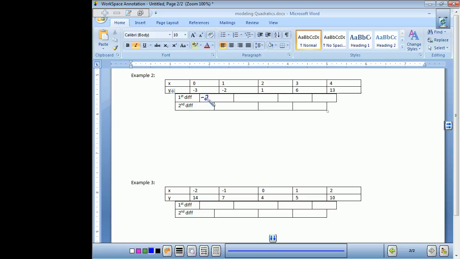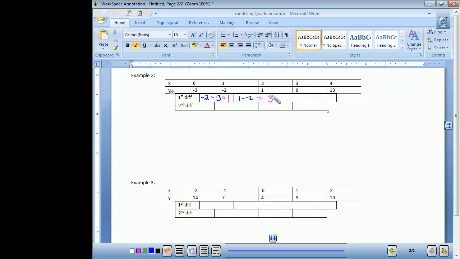If I did -2 minus -3, what does that equal? 1. Okay? 1 minus -2. What does that equal? 3. So we know it's not linear because we got something different. If it was linear, these first differences would all match. So I can already rule out linear. It is not a line.